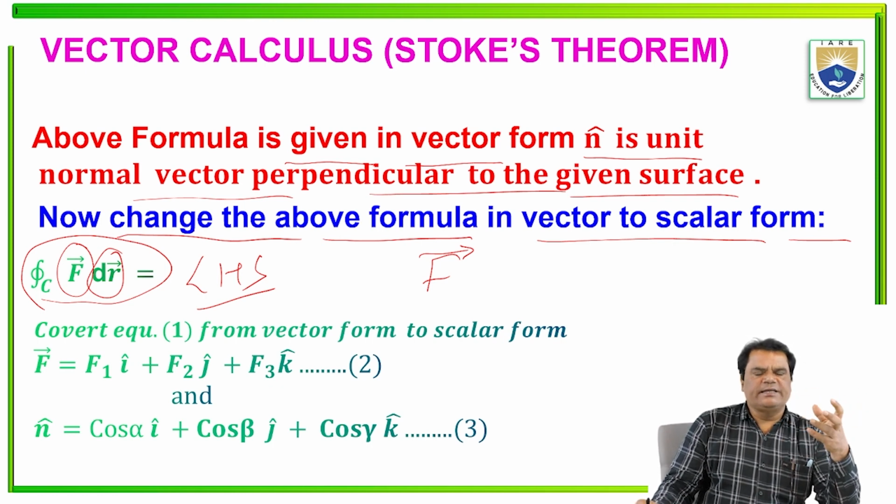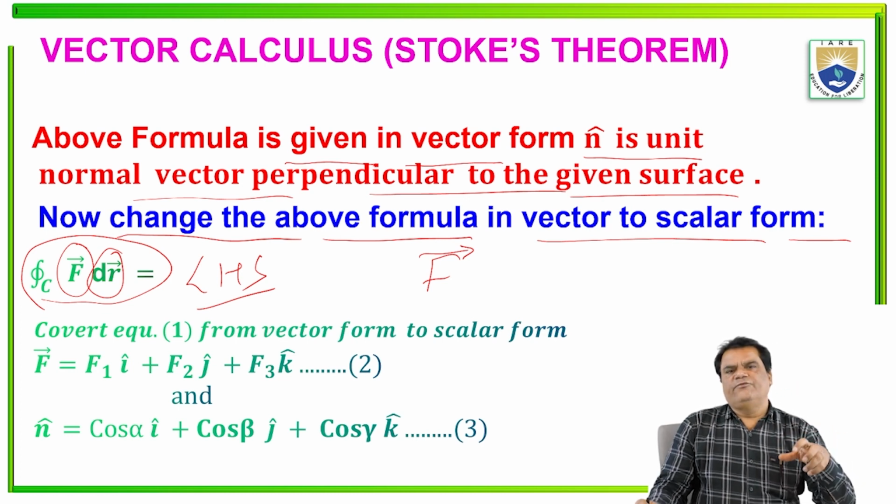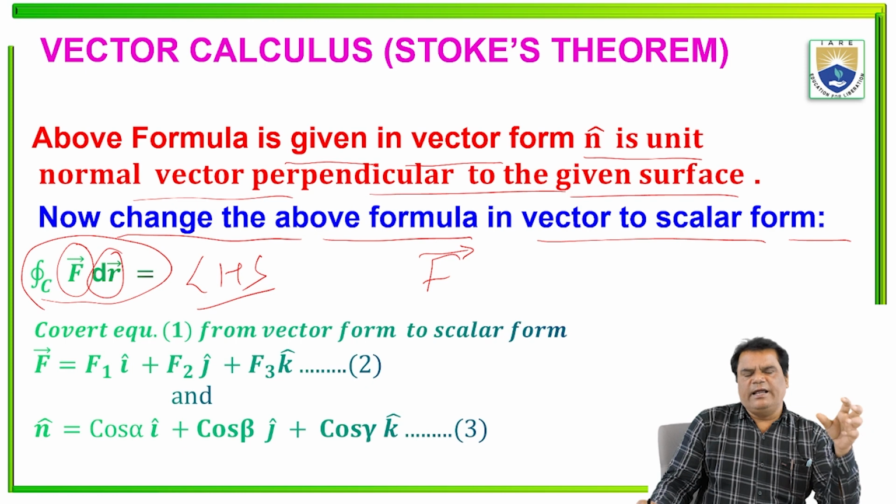So r vector is the position vector of a point, dr is its differentiation, and F vector is the value of the function at any point on the surface.